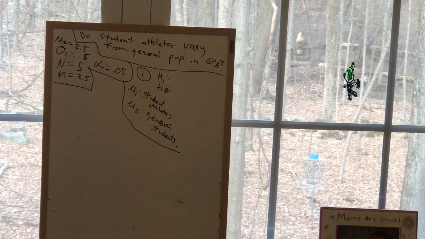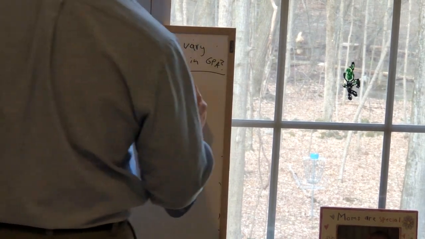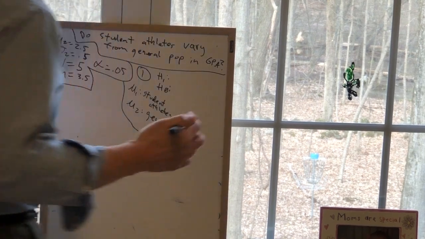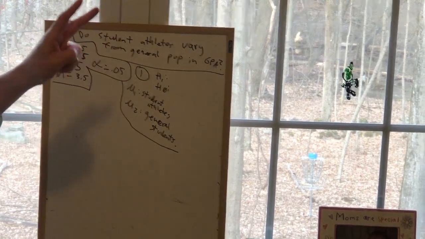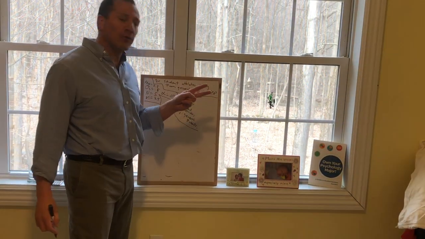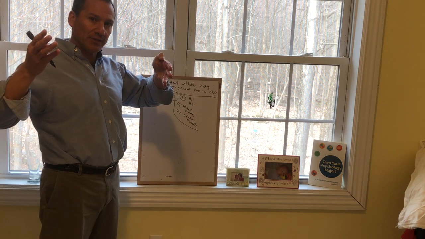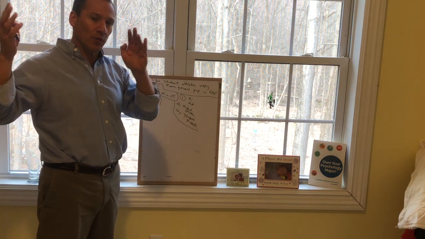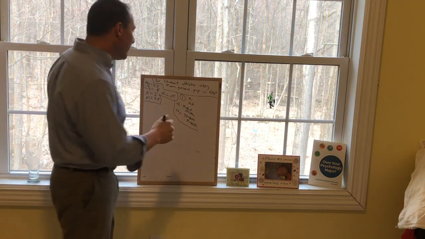Okay, so exactly the same as what we did in chapter 7. H sub 1. Remember, the way I worded this is a two-tailed test, right? Do student athletes vary from the general population in the GPA? I'm not specifying a particular direction. I'm not saying do they score higher. I'm not saying do they score lower. I'm saying do they vary.